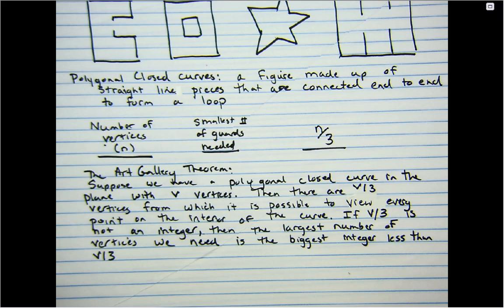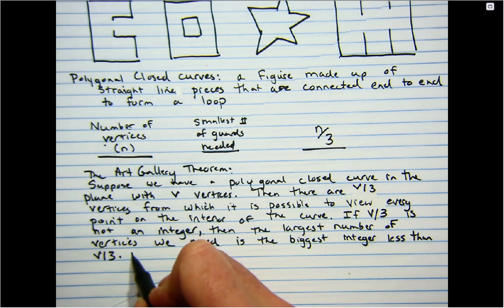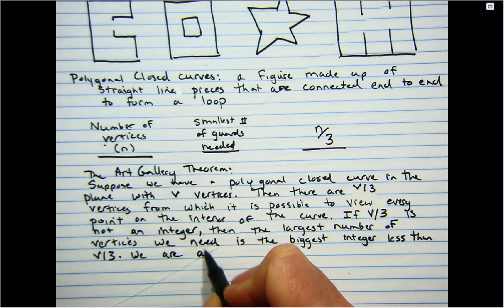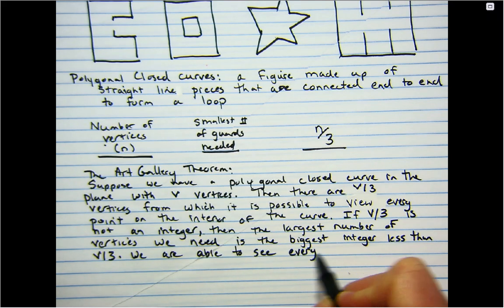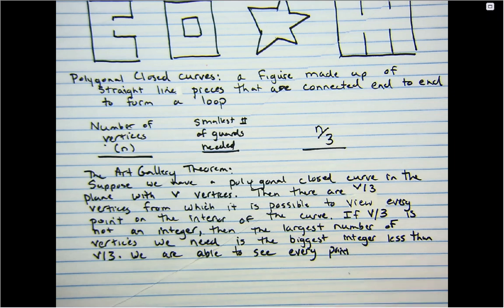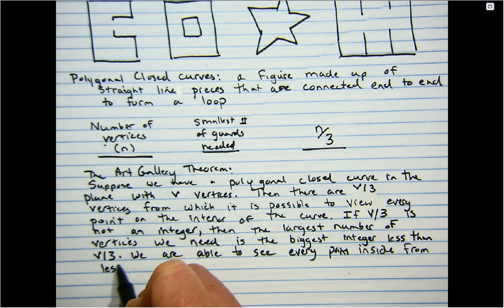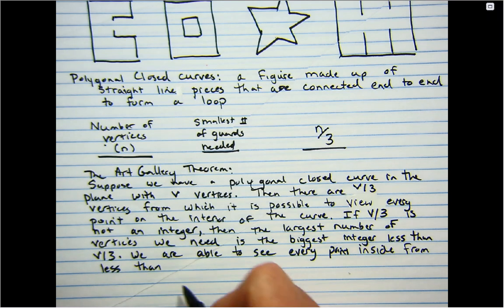We are able to see every point inside from less than or equal to V divided by 3 vertices.